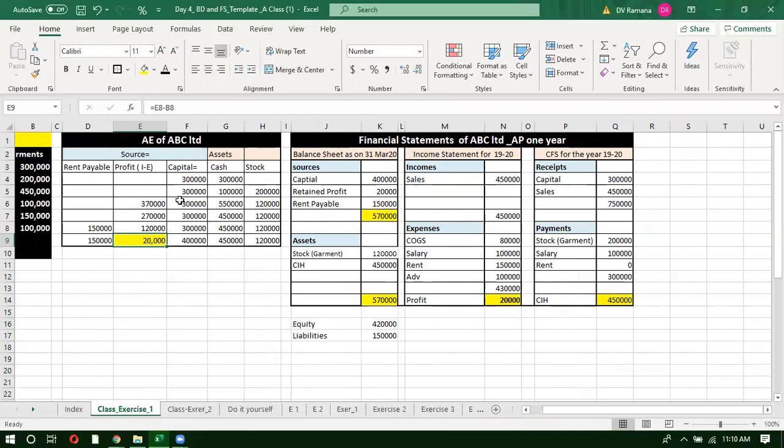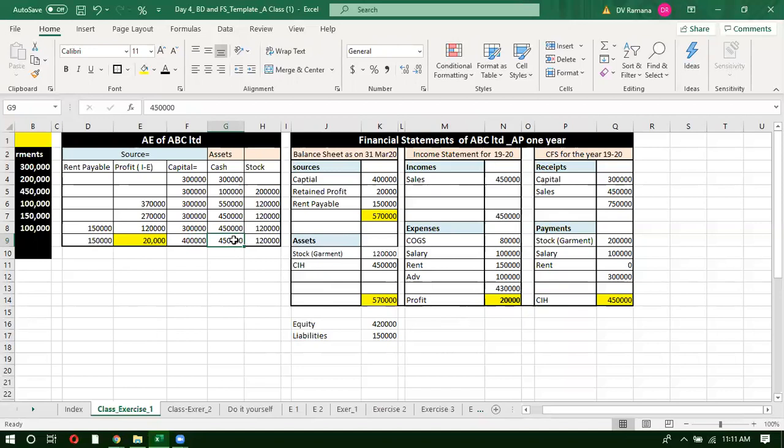But the difference between the equation and the statements is that the equation will not be in a position to tell us how you got that profit. But in the income statement, we'll know all incomes, we'll know all expenses. Therefore, income minus expenses is equal to profit. In the same way, the equation on the last day shows cash 450,000.